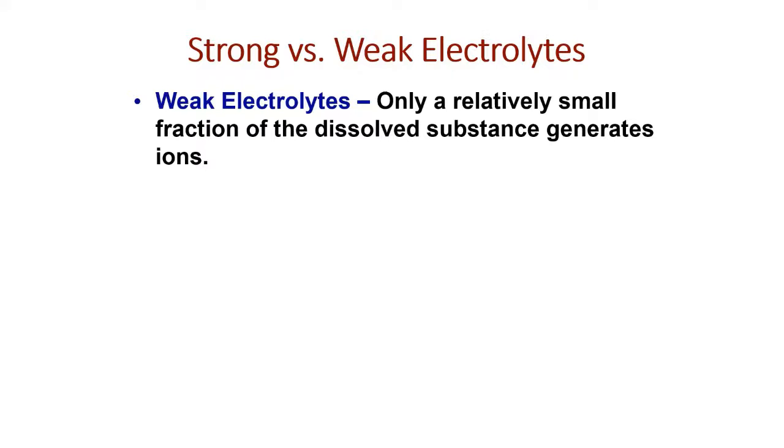So a relatively small fraction of those dissolved substances generates ions. And you should put with this, as an example, weak acids. Okay, that's our best example of weak electrolytes.